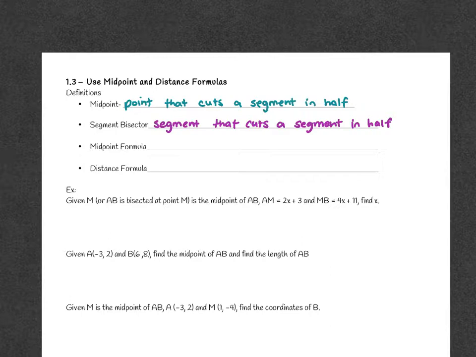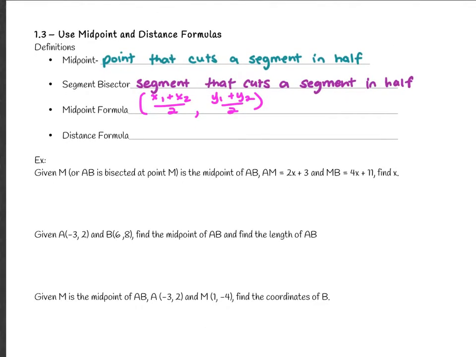Okay, midpoint formula is x1 plus x2 over 2, comma, y1 plus y2 over 2. And your answer is an xy coordinate point. And distance, square root of x2 minus x1 squared plus y2 minus y1 squared.